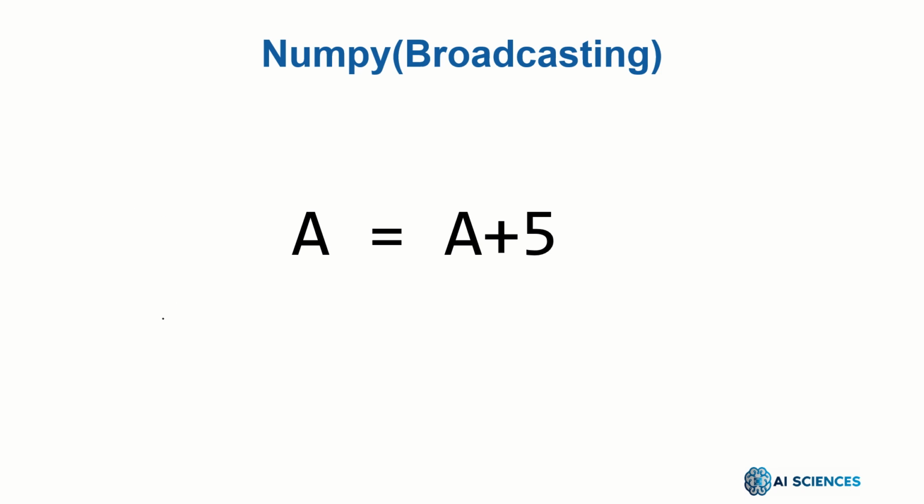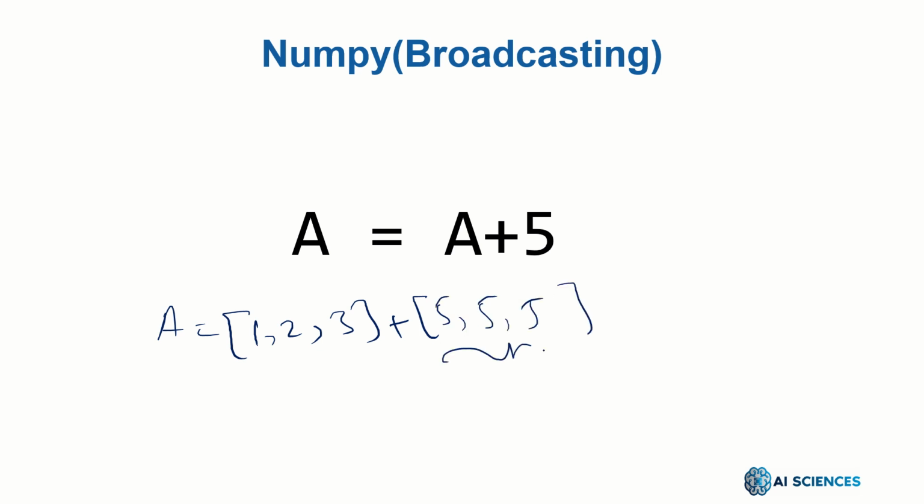For example, if A is 1, 2, 3 and you want to add 5 to it, you have to make an array of all 5s to make the sizes the same, and then add it. Broadcasting is the same concept, but it does it automatically. It broadcasts this 5 to become consistent with the size of A, so it happens implicitly inside.